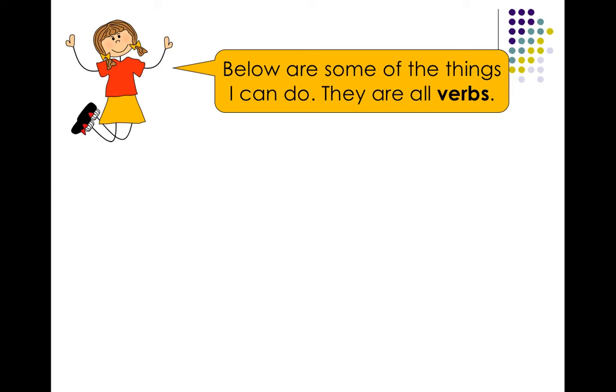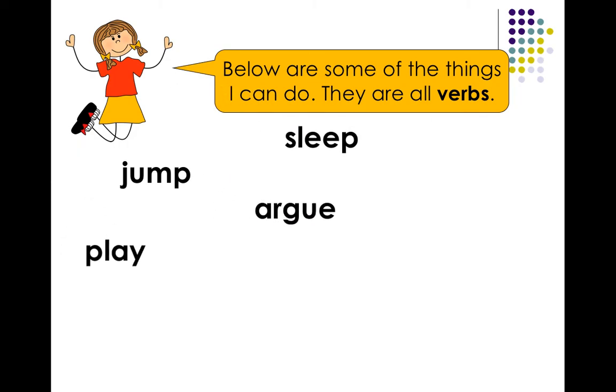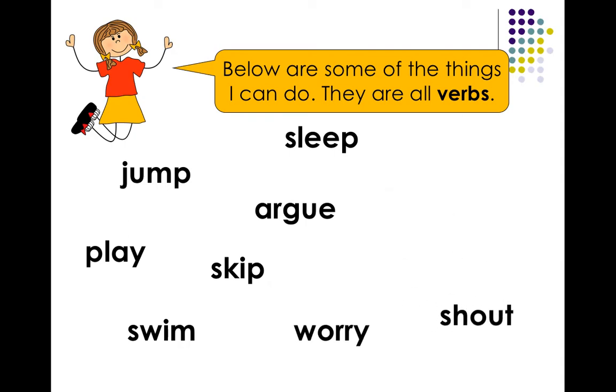So below, I'm going to list other types of verbs that we can find. For example, jump, sleep, argue, play, swim, skip, worry, shout, smile, and think.